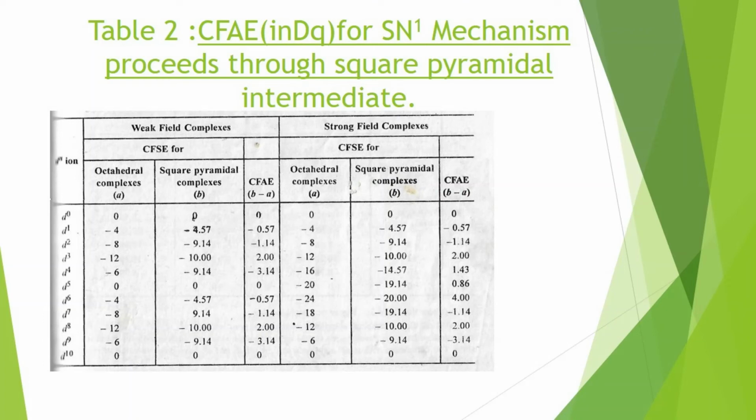Strong field octahedral complexes of metal ions with d0, d1, d2, d7, d9, d10 have negative or zero value of crystal field activation energy and hence they are labile. And metal ions with d3, d4, d5, d6 and d8 configurations have positive value of crystal field activation energy, hence they are inert.